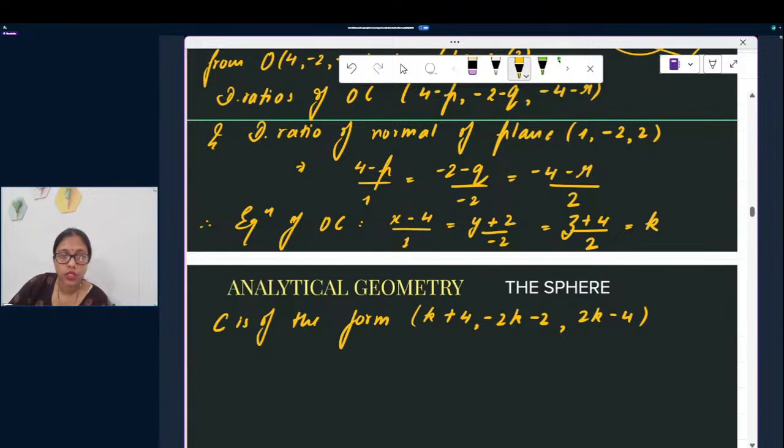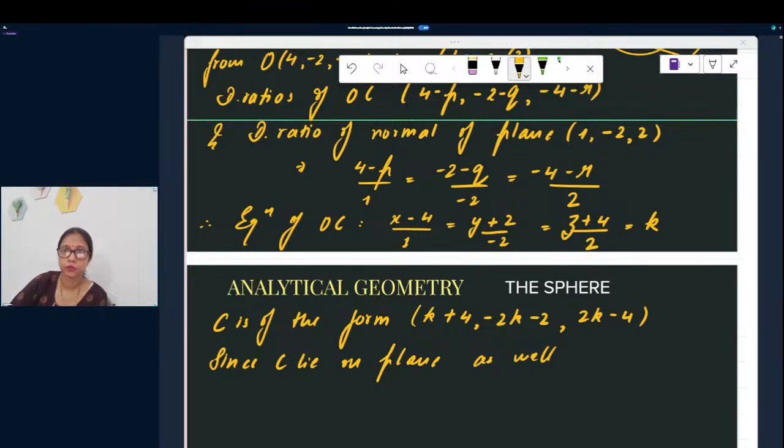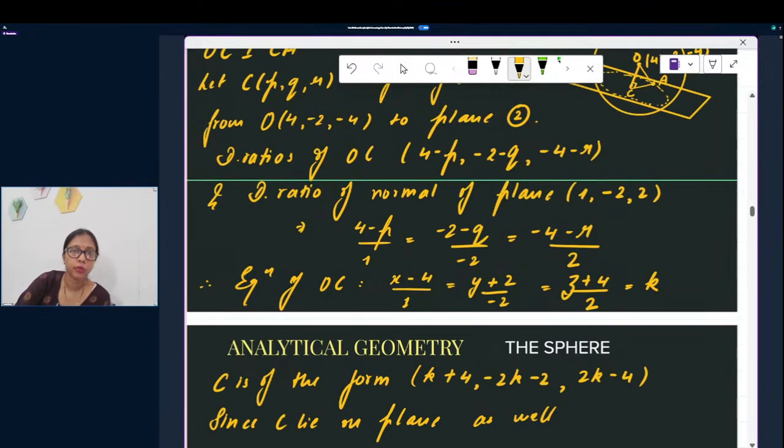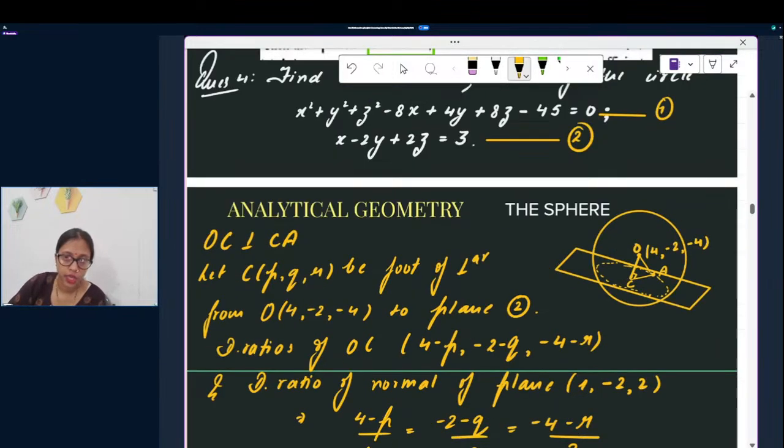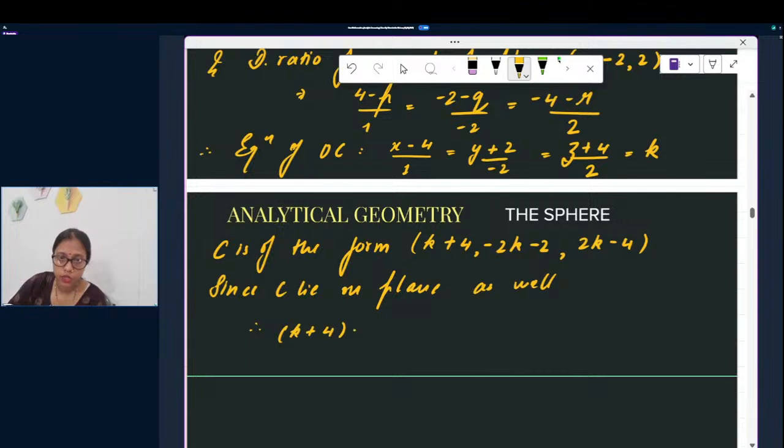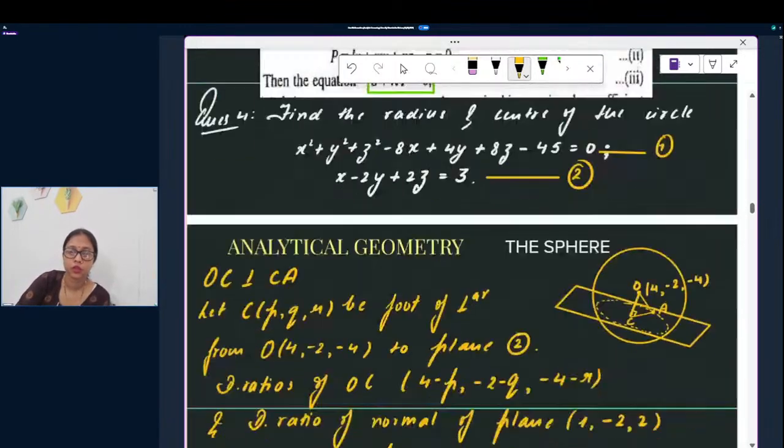Okay, so since C lies on the plane as well, therefore substitute in the equation of the plane. The plane is x minus 2y plus 2z equals 3.